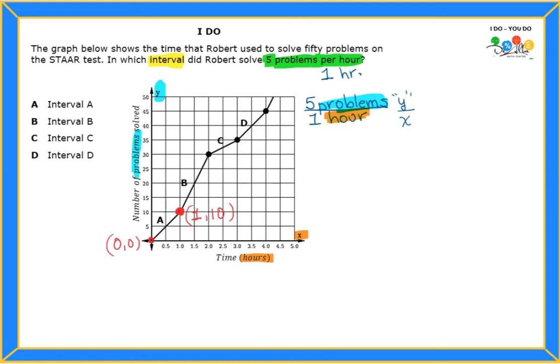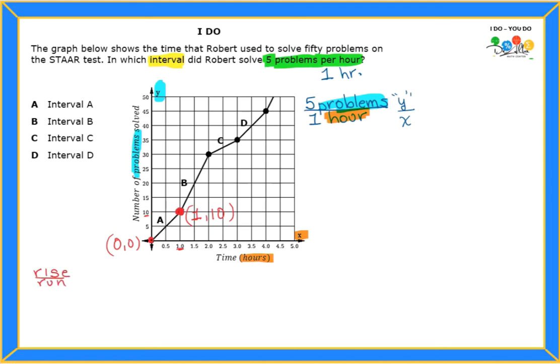Now, in order for me to find how many problems he did in that little time, we gotta look at the 2 numbers that are given to me. So I gotta look at the 1 and the 10. And again, I'm going like that because I started at 0. So what I want you to do is think about rise over run.